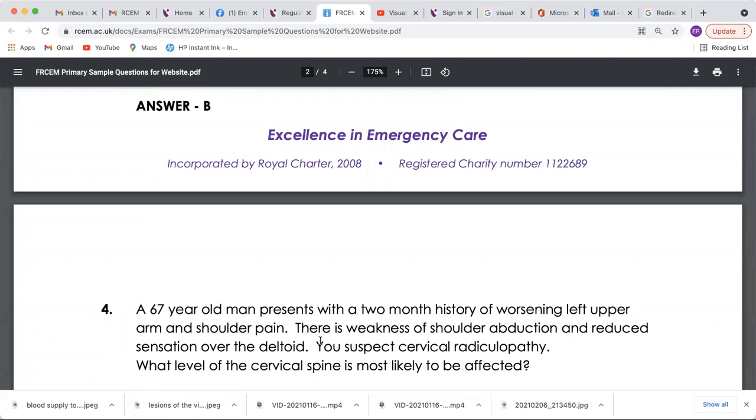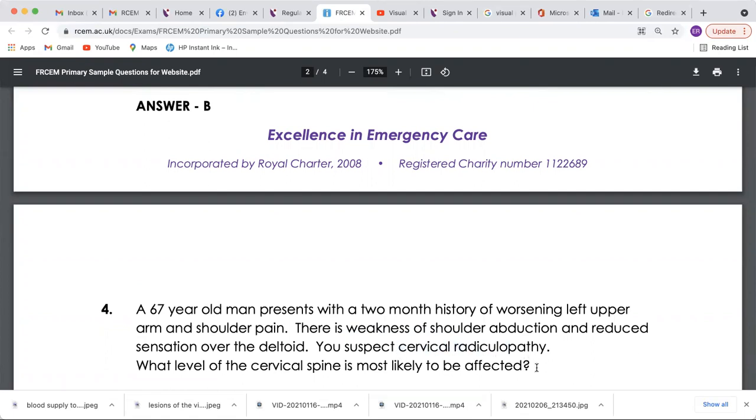So, elderly man, left upper arm and shoulder pain, and weakness in shoulder abduction and reduced sensation on the deltoid. So we are suspecting a deltoid muscle weakness, most likely cervical radiculopathy.